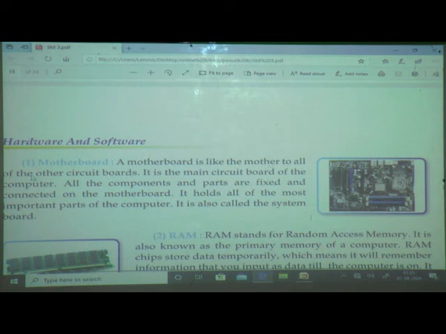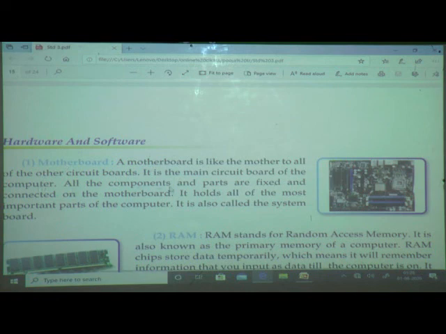Whose mother? All of the circuit boards' mother. It is the main circuit board of our computer.